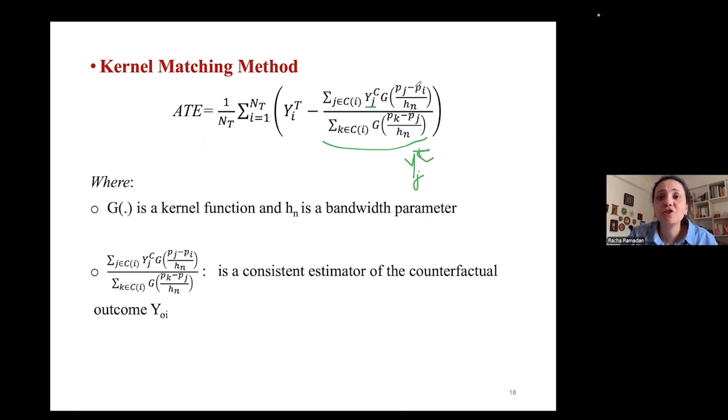You multiply by this weight, and this weight takes into consideration the distance or the difference between the propensity score of the individual of interest in the treatment group and the propensity score of the individual in the control one. So the kernel function is more complicated, but it allows you not to match only with the closest one, but with the weighted average of all those in the control group. And this weight will differ according to the distance between each observation and the other observation. And of course, if the bandwidth parameter changes, it would change your results.